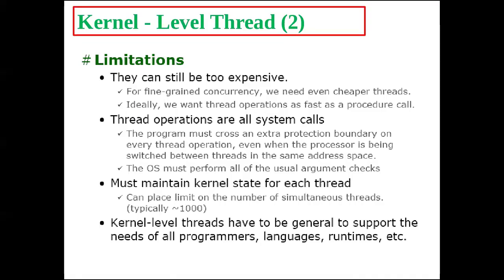Kernel level threads must be general. They must support the needs of all programmers, all programming languages, and all runtime systems. This requirement makes them more complex. So while kernel level threads are powerful, these limitations show that they are not always the most lightweight solutions. And this understanding is important when comparing different threading models.